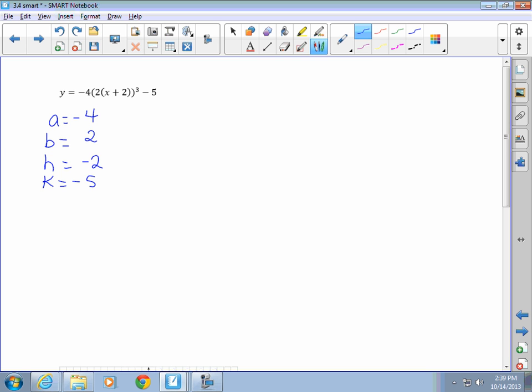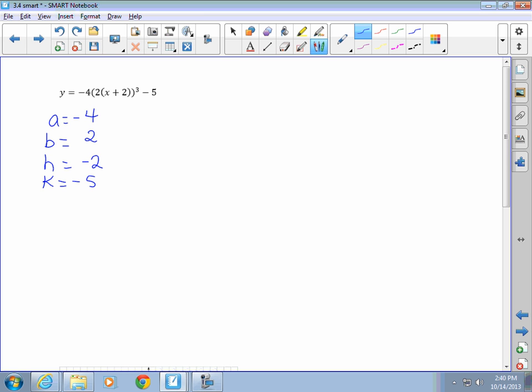My a equal to negative 4 means I'm going to have a reflection in the x-axis. It's a factor of 4, so it's going to be a vertical stretch. My b value was a 2, so I'm going to have a horizontal stretch by a factor of 1/2. And I'm going to shift it to the left 2 and down 5.